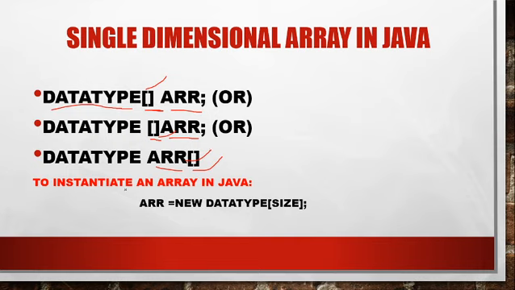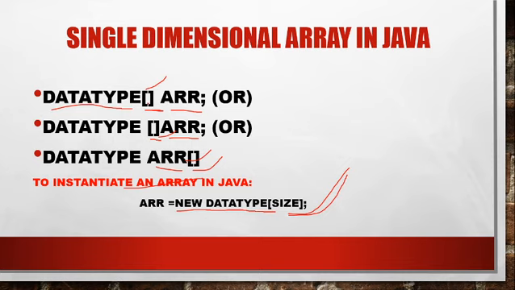Now to instantiate an array, to store the values or to allocate memory dynamically in the computer memory, we use new, the data type, and we have to allocate the size, that is, how many numbers you want to store.